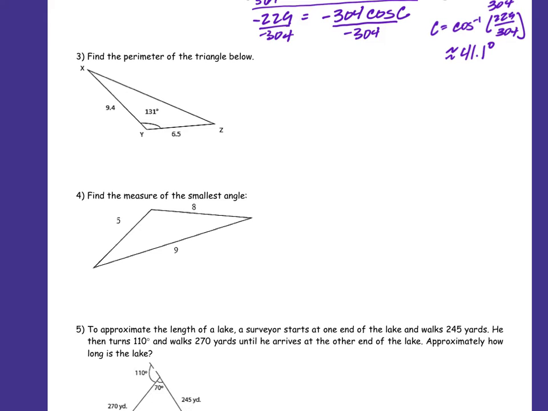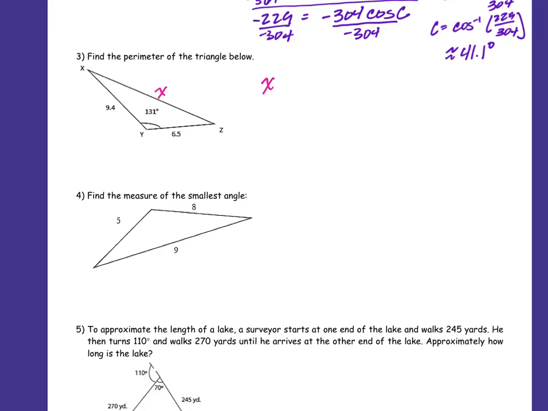So I'm missing this side, so I have to find this side of my triangle. I'm missing a side, which is easier to find, right?